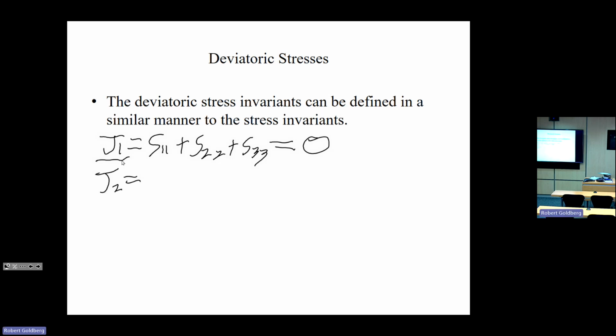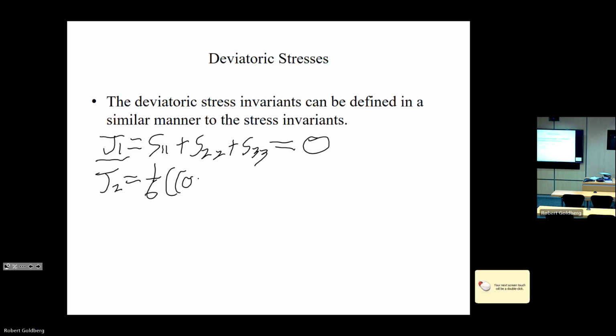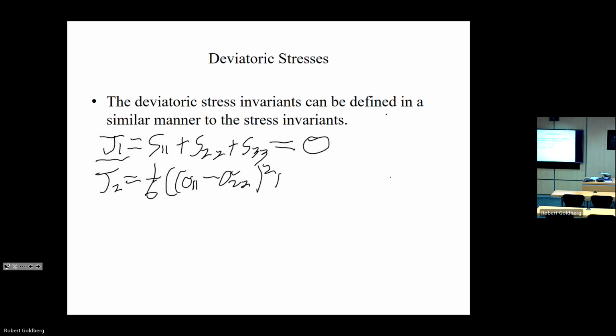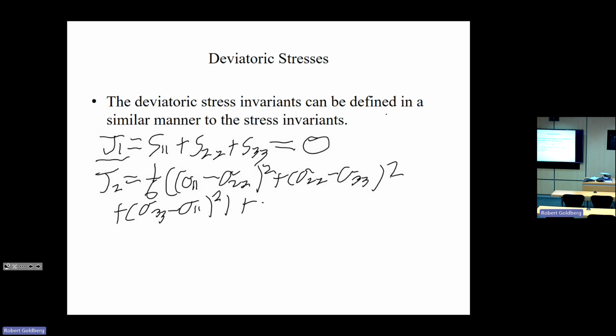And J2 is equal to 1/6 times (sigma 1 minus sigma 2) squared plus (sigma 2 minus sigma 3) squared plus (sigma 3 minus sigma 1) squared.